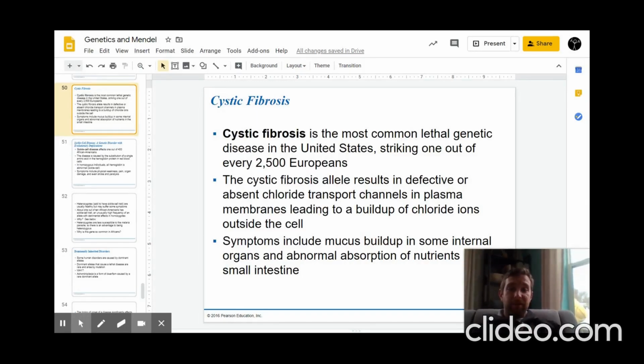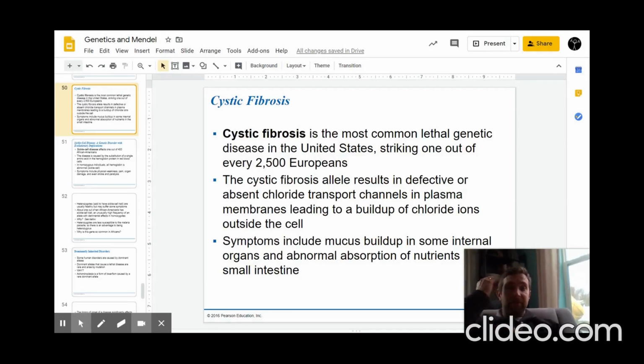So cystic fibrosis, we've already seen, is a loss of function recessive phenotype. It is really common in Europeans or people of European descent. It turns out that the people who have cystic fibrosis, historically, until recent modern medicine, have had a very short life expectancy. So this has been a death sentence for people.